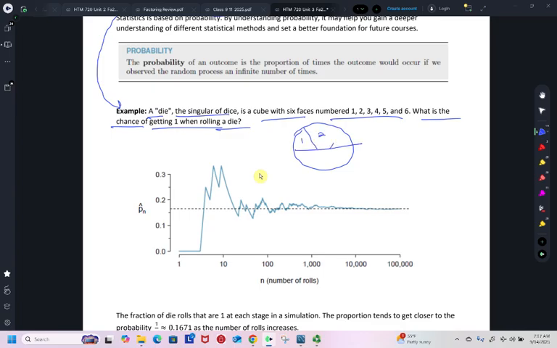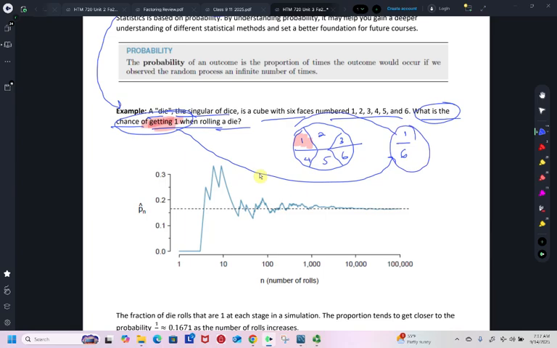So 1, 2, 3, 4, 5, and 6. Well, what are the chances that I will get just the 1? That is this guy. That is just one slice out of 6 possible slices. In other words, the chance of getting a 1 when rolling this die is 1/6.